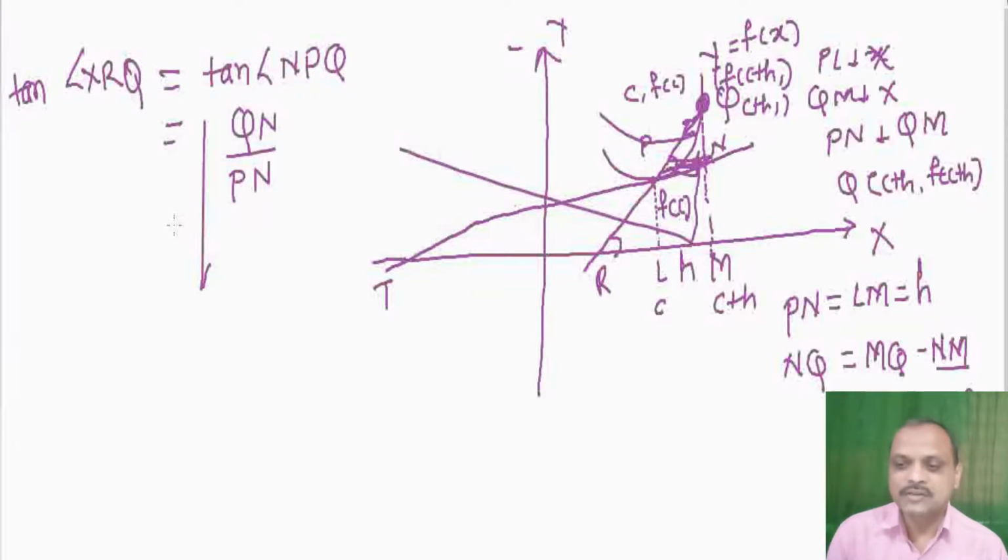We have just calculated NQ, so this is f of c plus h minus f of c, and PN is nothing but h.